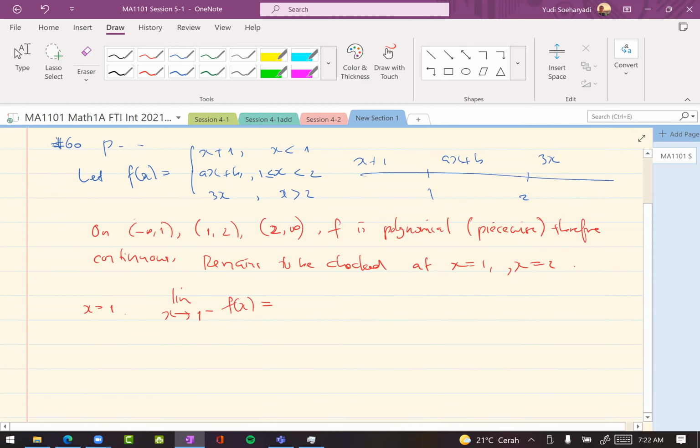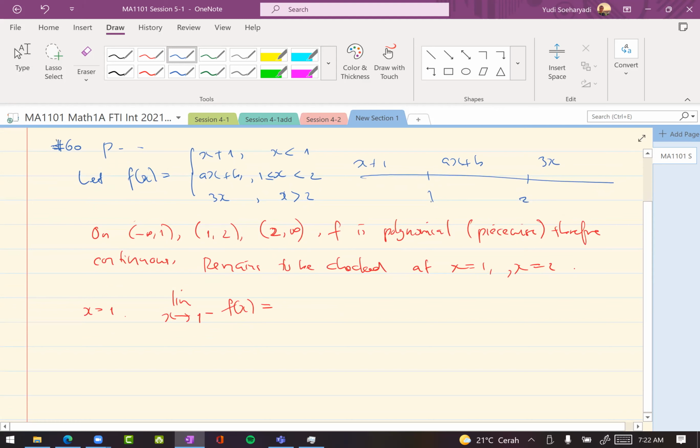So to the left of 1, you're going to use this function x plus 1. Okay, so this has a limit. And to the right, we're going to use this ax plus b.